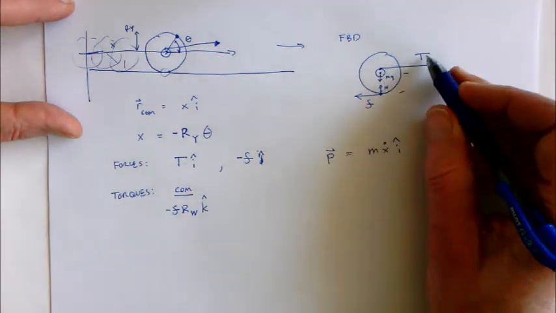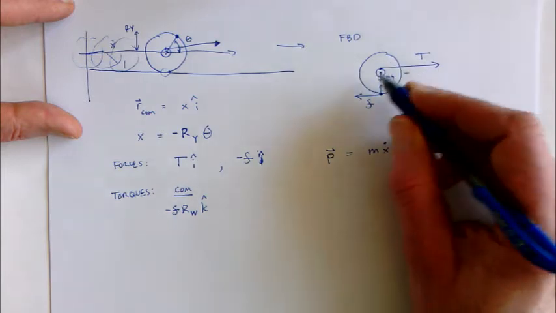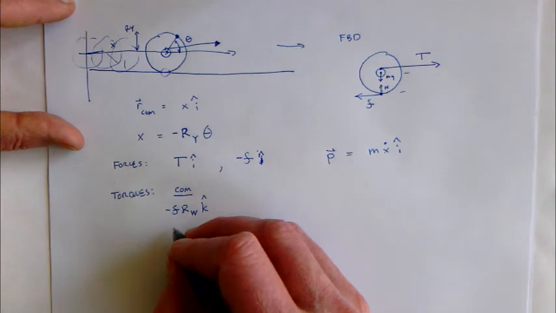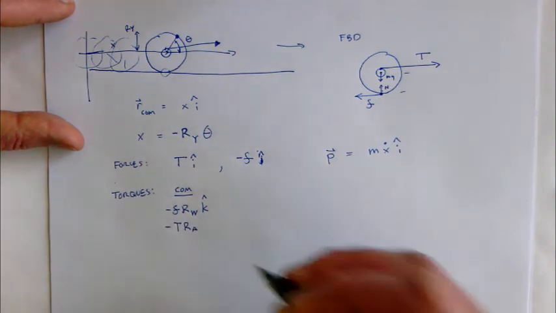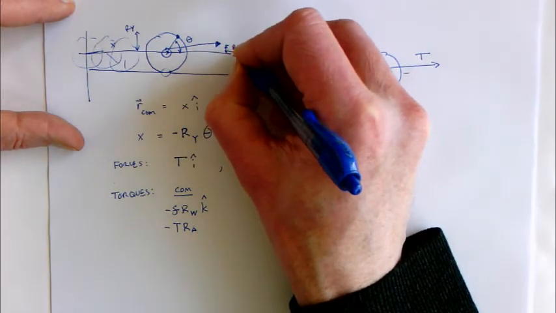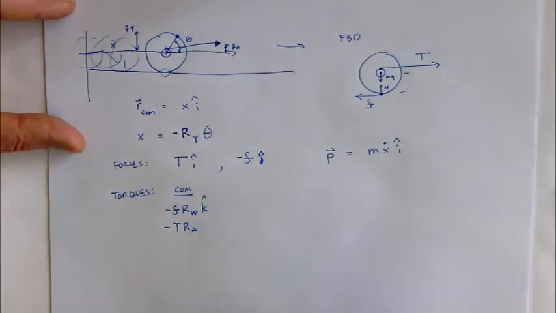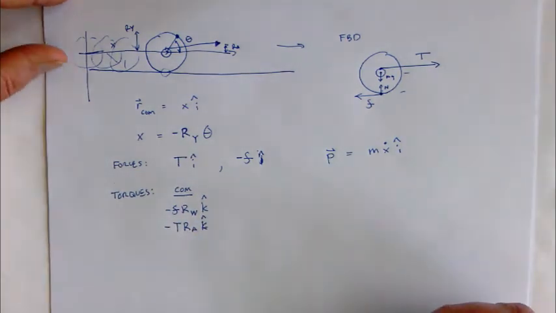And then this tension also tends to move things in the clockwise direction, or the negative torque in the negative k-hat direction. So it'll be minus a tension times r sub a, where r sub a is that axle radius, also in the k-hat direction. So those are my torques about the center of mass.